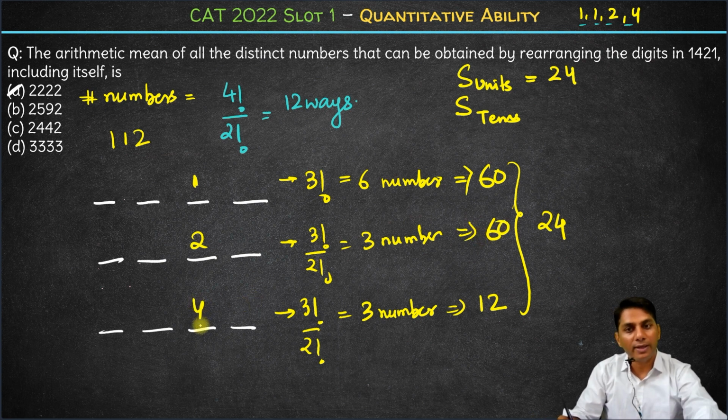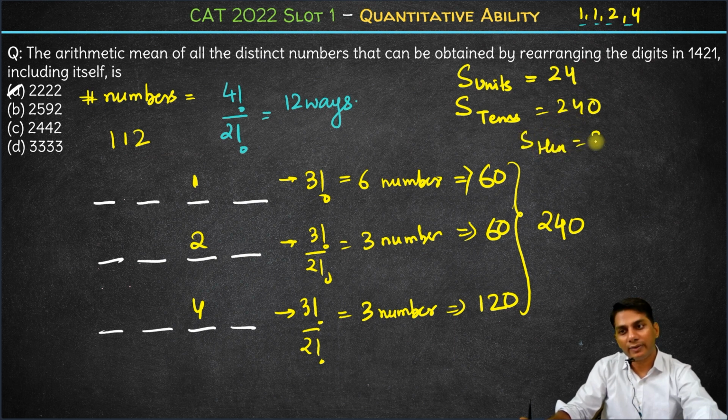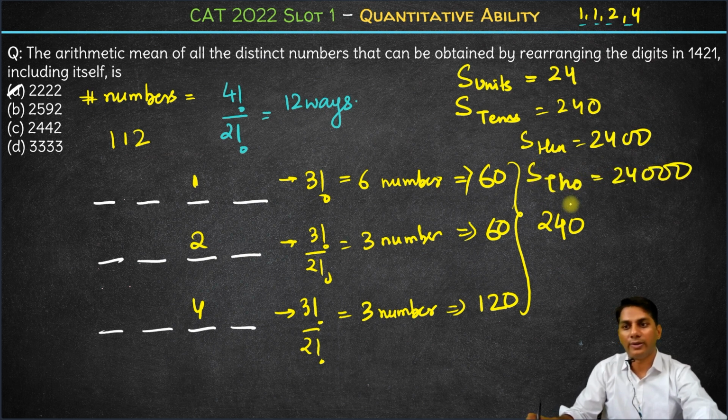And similarly, if you place 4 over here, the place value will be 40 and there will be, sorry, 3 numbers. So 40 into 3 will be 120. So the sum now will come out to be 240. Similarly, the sum of all the hundreds digits will be 2400 and the sum of all the thousands digits will be 24,000.